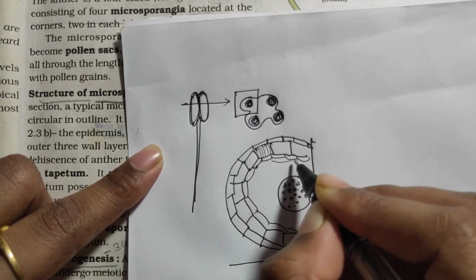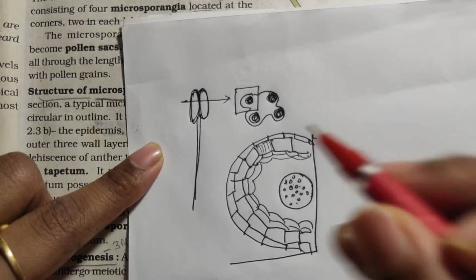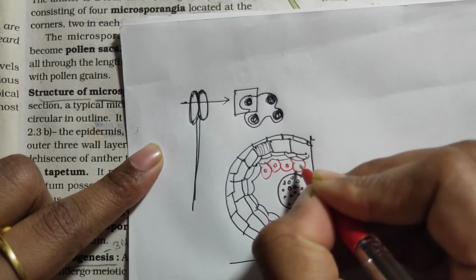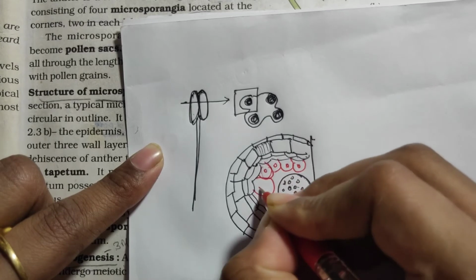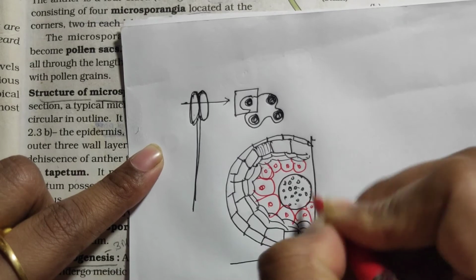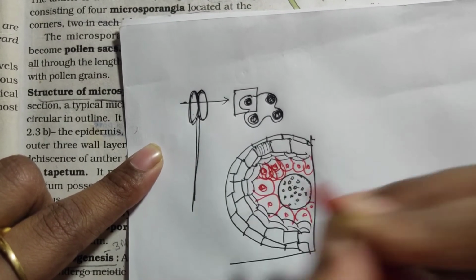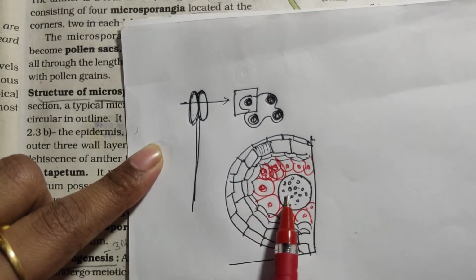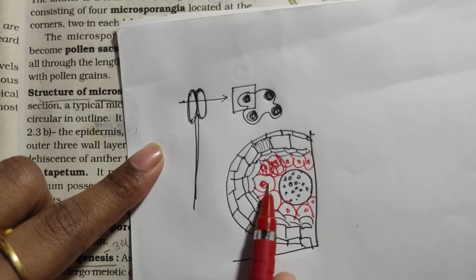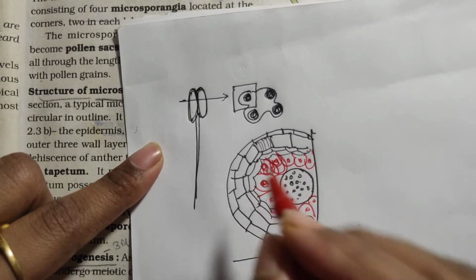Next to this we have a very important wall called the tapetum, which is in close contact with the developing microspores. Please remember that the tapetum nourishes the developing microspores.